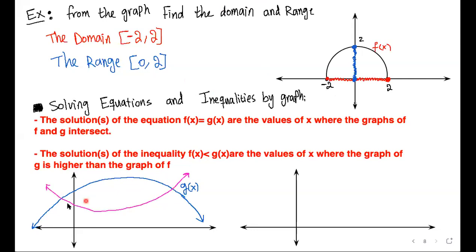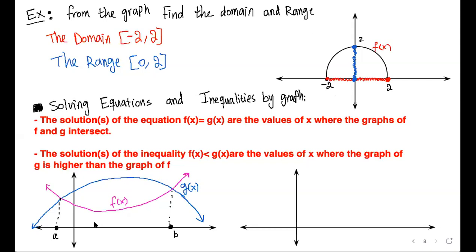Suppose this point here is A, and here is B. So both functions intersect at this point and this point. This means the point x equal A and the point x equal B are the solutions for f of x equal g of x. I hope it makes sense.